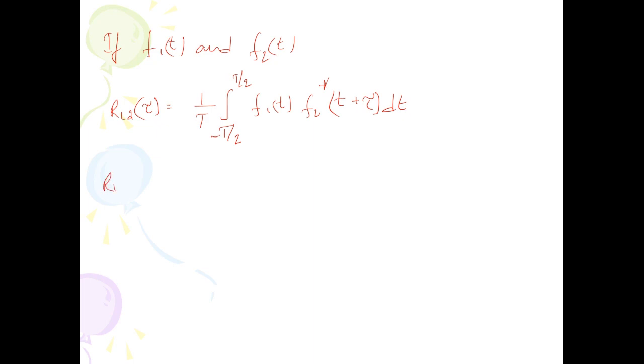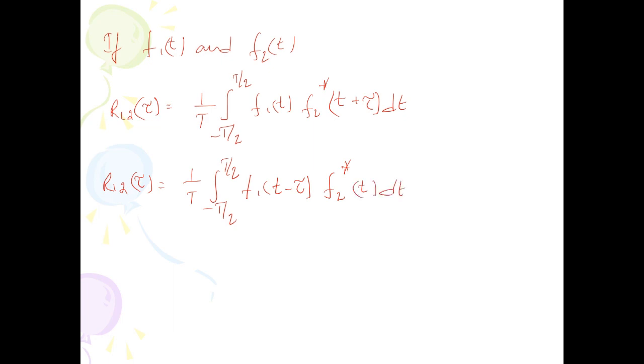Similarly, R12 of tau, a similar effect can be obtained by shifting f1 of t towards right: 1 by T integral minus T by 2 to plus T by 2, f1 of t minus tau into f2 star of t dt.